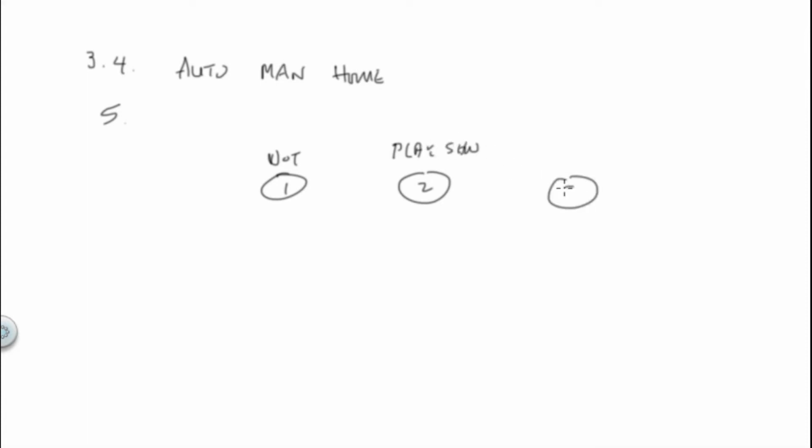Problem number 3 is playing and allowing them to push the buttons. And number 4 is you won and flash the lights. So this would be the answers to number 5. Fairly straightforward.